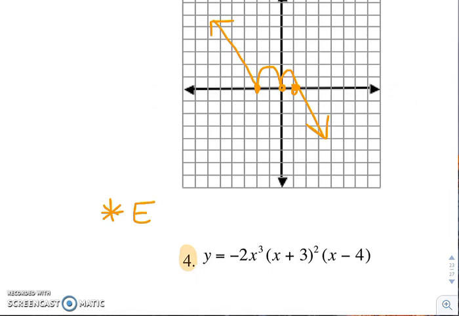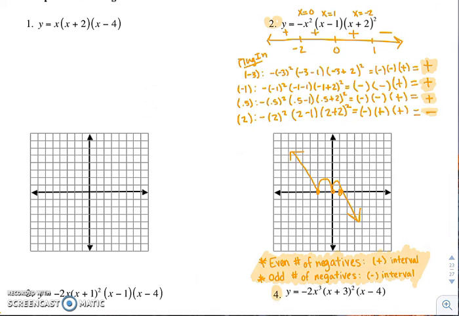If you have an odd number of negatives, your whole interval is going to be negative. So if you can figure out which parts are negative and which parts are positive, then you know even numbers keep that interval positive. Odd numbers, so like say you had 1 negative or 3 negatives or 5 negatives, then that interval would be negative.